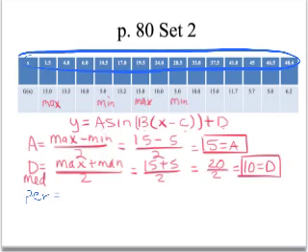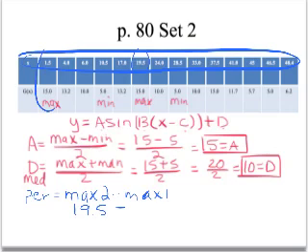So I use the formula max 2 minus max 1. I know that the second time the max happens, which is 15, it happens at 19.5. So I put down the input where that max happens. The first time the max happened, it was at 1.5. So you put in your x values, 19.5 minus 1.5. You knew to pick those two because of where the maxes occurred.